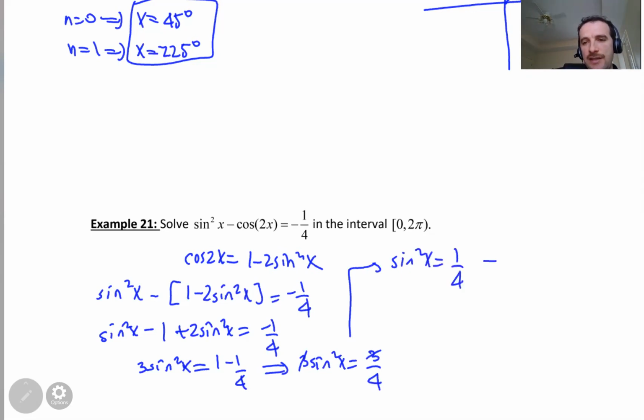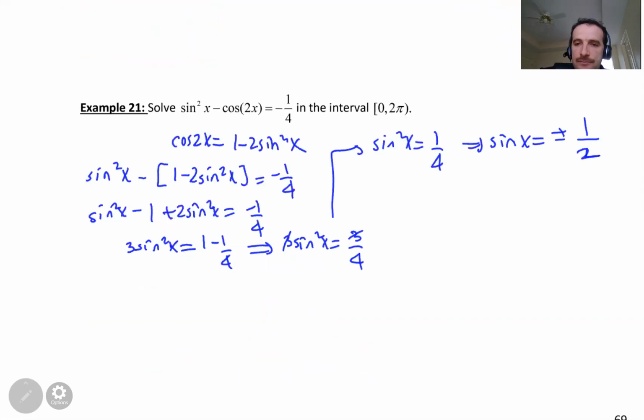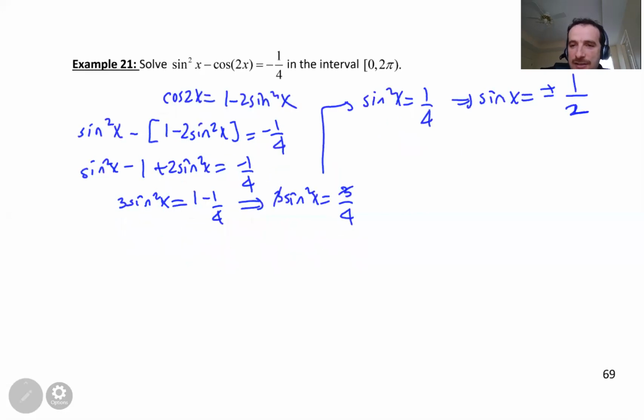From there I get sine x is equal to, don't forget plus or minus, 1 over 2. And again, it's a special triangle, right? Sine is 1 over 2: 30, 60, 90, with sides 1, root 3, 2.